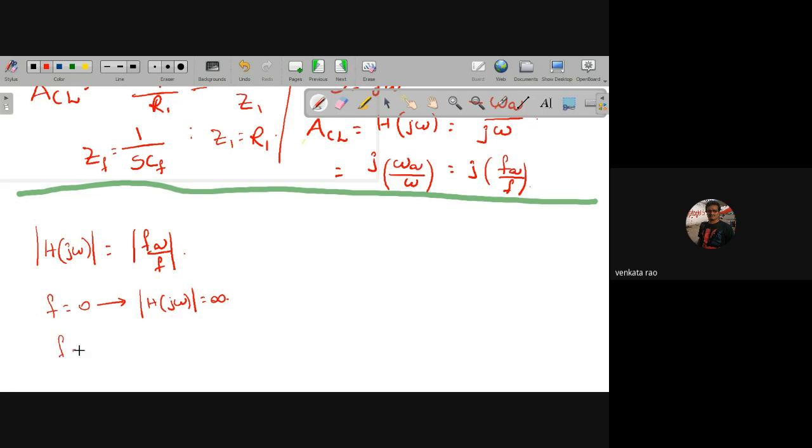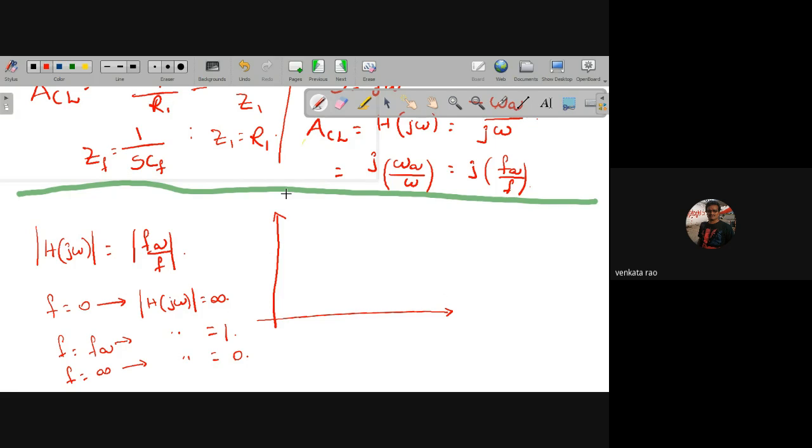At F equal to FA, it becomes 1. And at F equal to infinity, something by infinity is 0. It becomes 0.